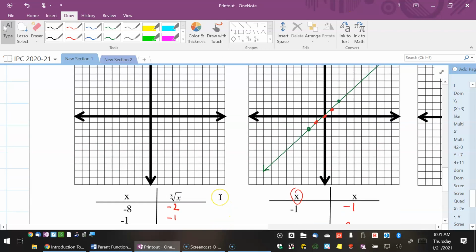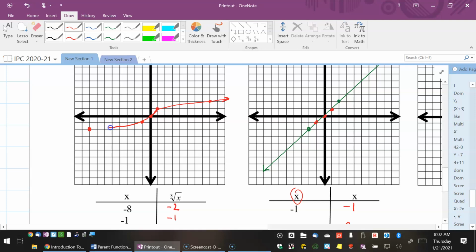Plotting these out. 1, 2, 3, 4, 5, 6, 7, 8. -8, -2. -1, -1. 0, 0. 1, 1. 2, 8. Shoot.